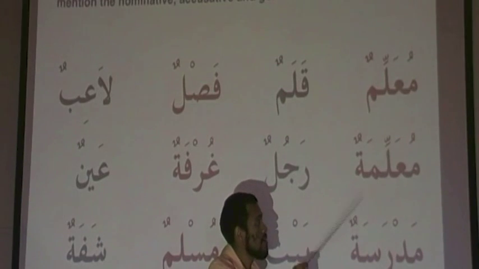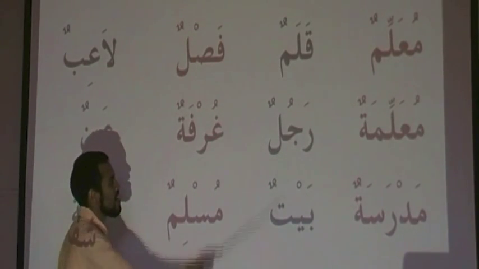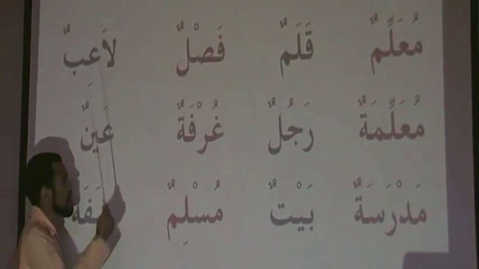Muallimatun, معلمتان أو معلمتين. مدرسة مدرستان أو مدرستين. قلم قلمان أو قلمين. رجل رجلان أو رجلين. بيت بيتان أو بيتين. فصل فصلان وفصلين. غرفة غرفتان أو غرفتين. مسلم مسلمان ومسلمين. لاعب لاعبان ولاعبين. عين عينان وعينين. شفة شفتان وشفتين. Right?